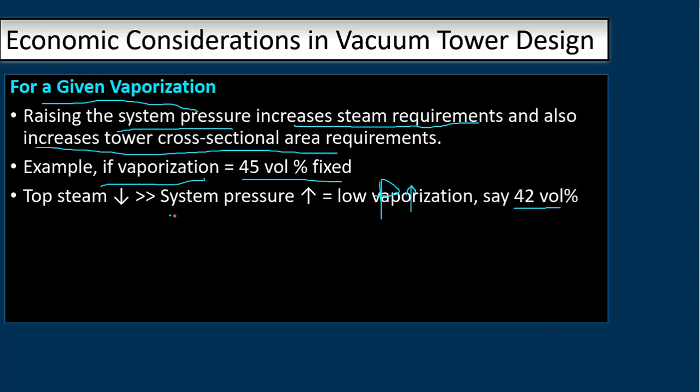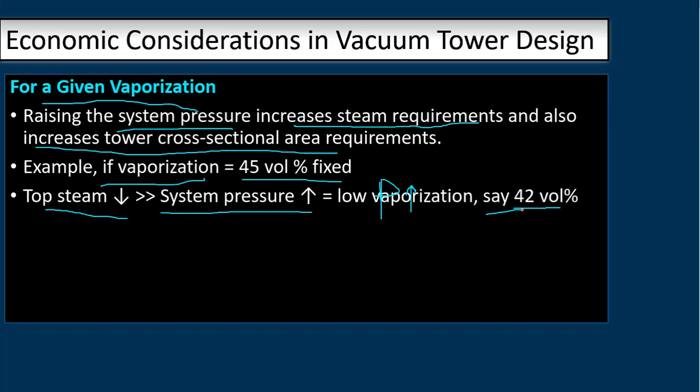If we increase the pressure, there will be low vaporization. And how can that pressure be increased? This pressure can be increased simply by decreasing the top steam. If you decrease the top steam, the system pressure will increase, and obviously there will be low vaporization, say for example 42 volume percent.